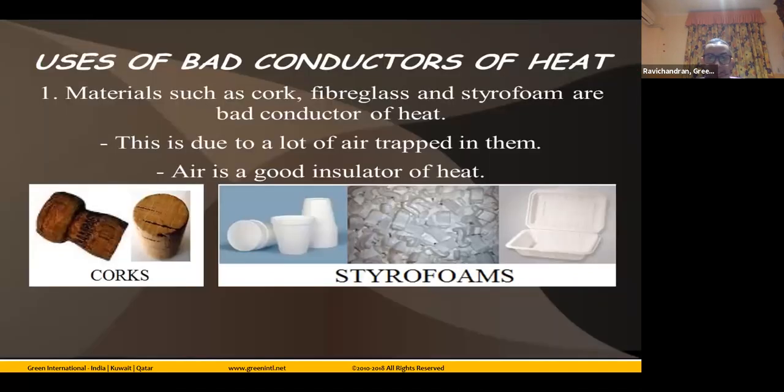This is a type of material used as an insulator because it is a bad conductor. Mainly all these objects need to have air trapped inside. So materials like cork have pores, many holes, with air inside.